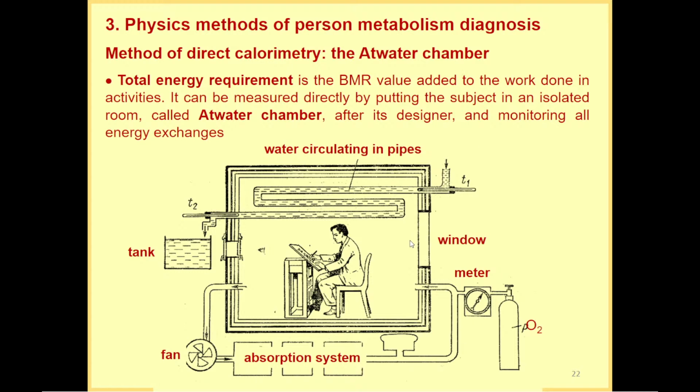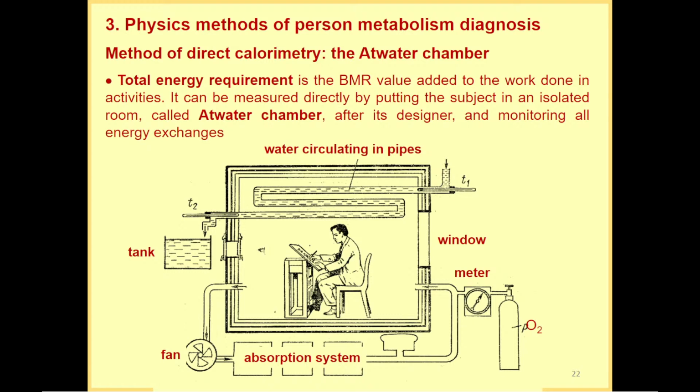It is an absolutely isolated room with pipes through which water flows. The water is heated by the thermal energy released by the human organism placed into this room. How much work is done is measured as well.